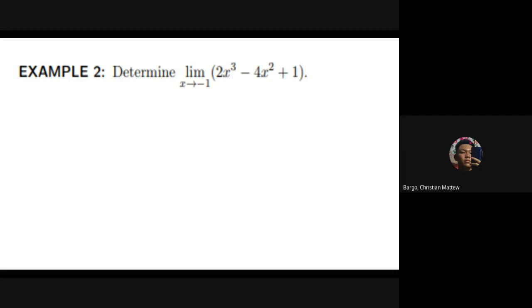Let us determine the limit of 2x cubed minus 4x squared plus 1 as x approaches negative 1. So we have here the limit of 2x cubed as x approaches negative 1 minus the limit of 4x squared as x approaches negative 1 plus the limit of 1 as x approaches negative 1.